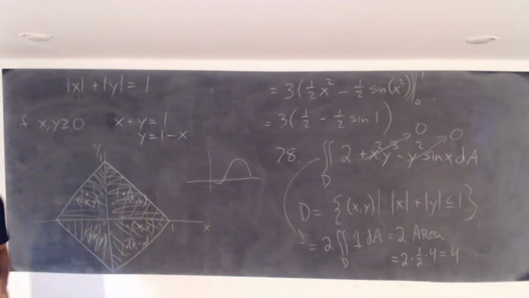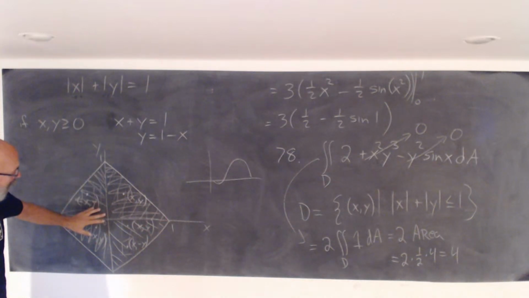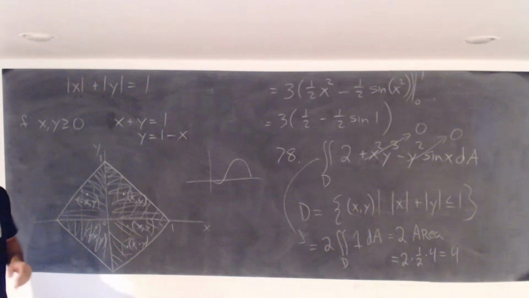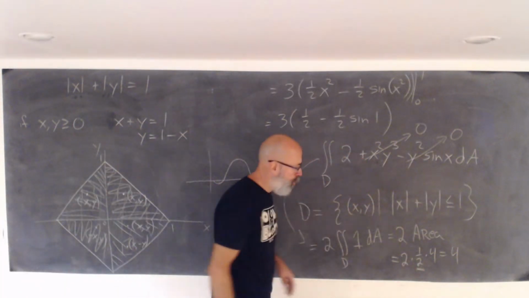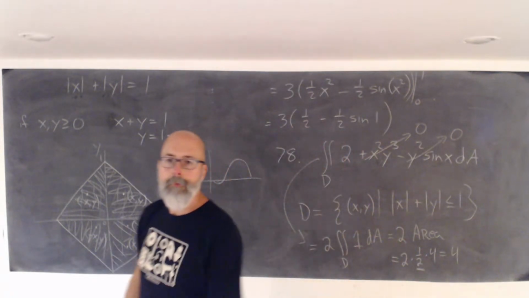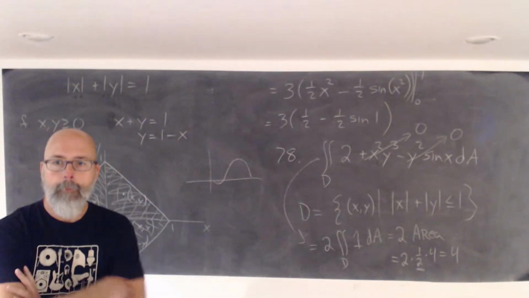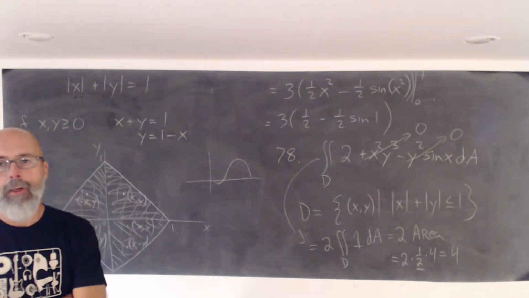So I just need to calculate one of them and multiply by 4. And these are just triangles of height 1 and base 1. So the area is base times height over 2, 1 times 1 over 2. So this is the area of each triangle, and you've got 4 of them. There it is. So 4 times the area of the triangle.